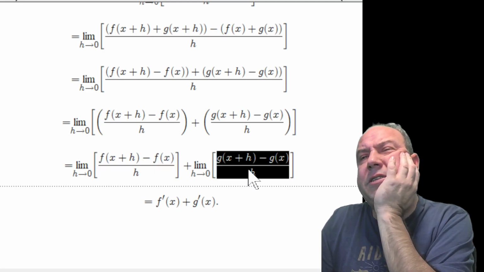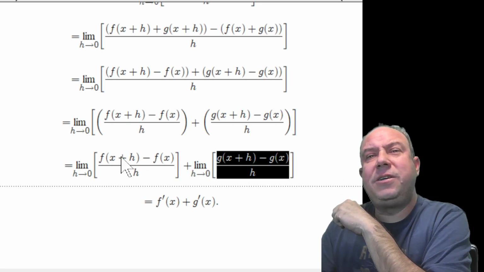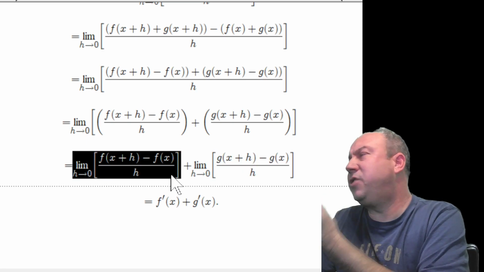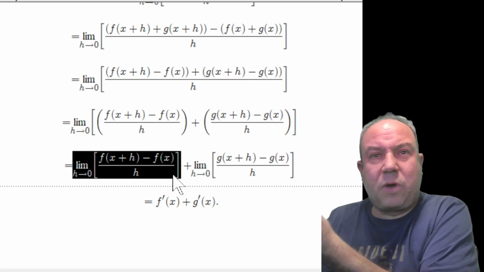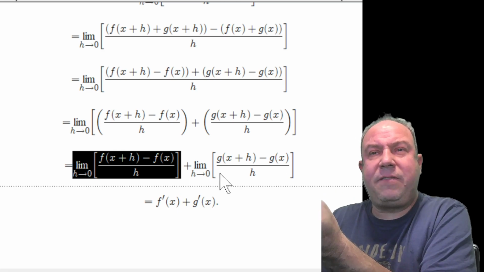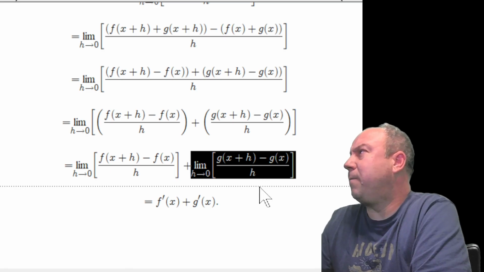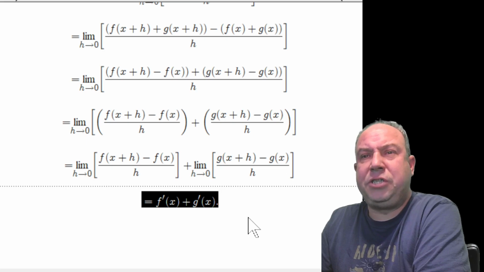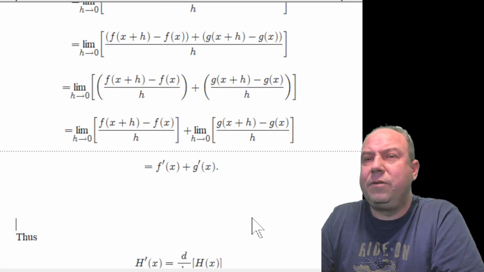And when it distributes itself to the second group, g at x plus h minus g of x divided by h, those two groups should look familiar because they both define just the first derivatives, the derivative with respect to x for function f of x and function g of x respectively. Right? All this is equal to is just f prime of x plus g prime of x. And we have just shown our proof.